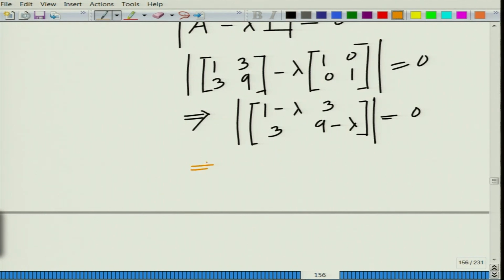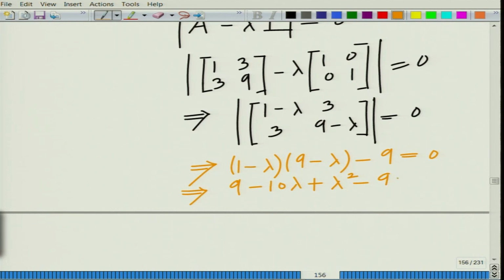This implies that 1 minus lambda into 9 minus lambda minus 3 into 3 equal to 0, which implies 9 minus 9 lambda minus lambda plus lambda square minus 9 equal to 0. You can see the 9's go away.